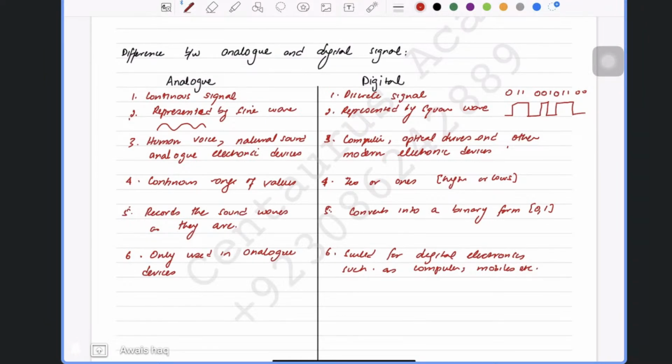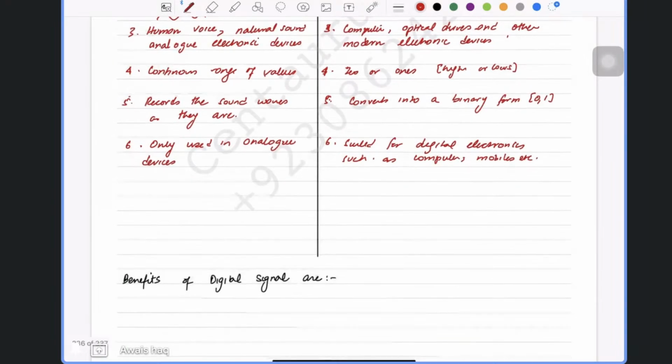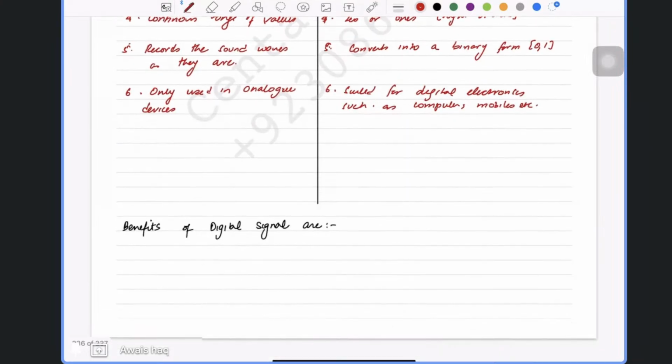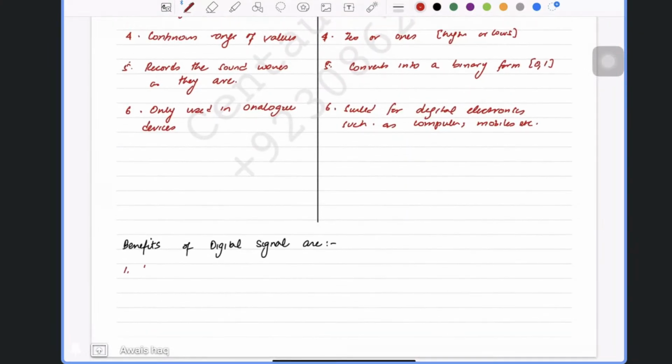Now the thing is, if we can get around with analog, why do we need to have this hassle to convert analog signal to digital? Because they have many benefits. One benefit is that it has an increased rate of transmission of data.